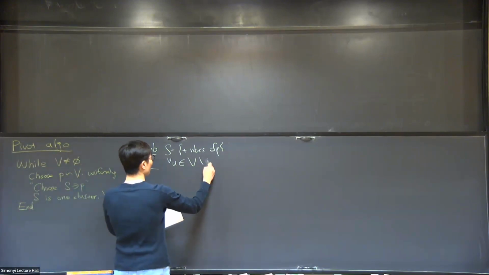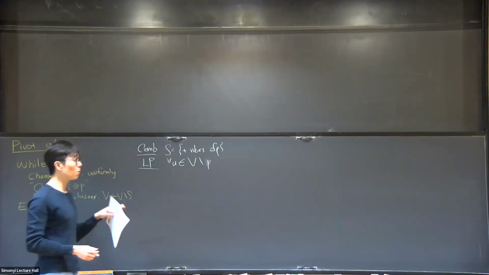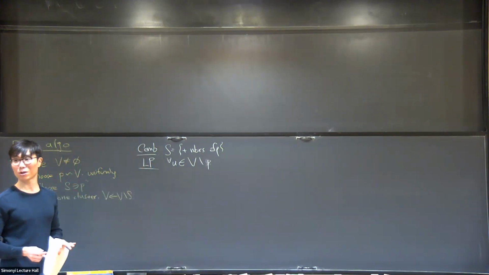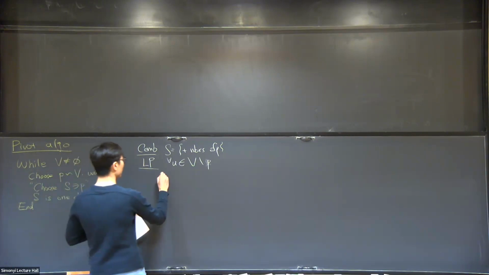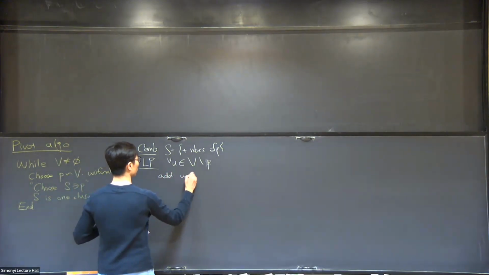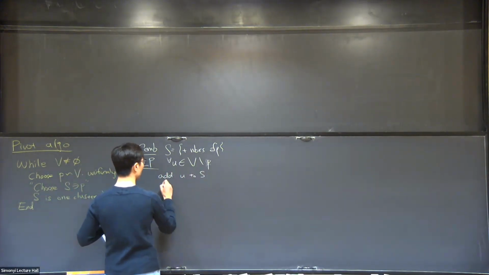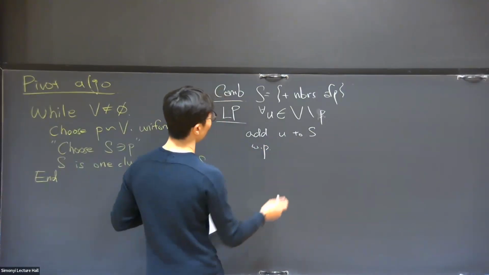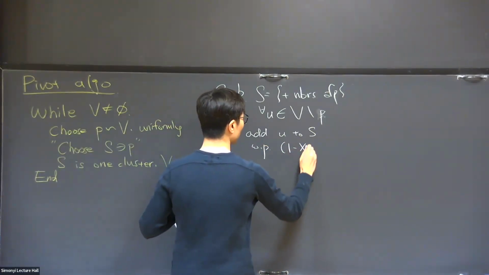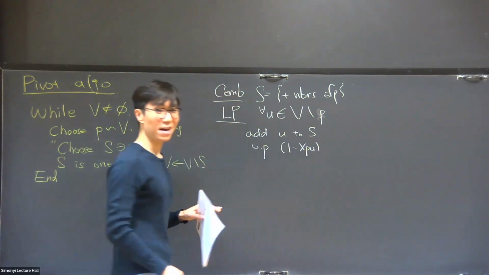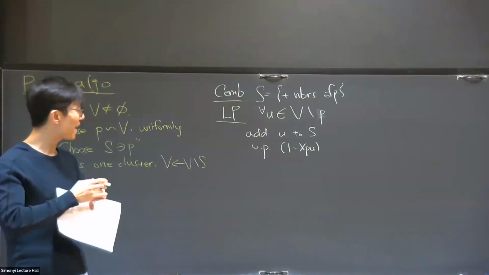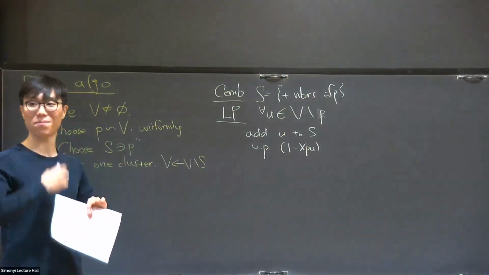So definitely p goes to S for sure. But then for each other vertex, what we're gonna do is add u to S with probability 1 minus xpu. Because xpu indicates whether they're different or the same.